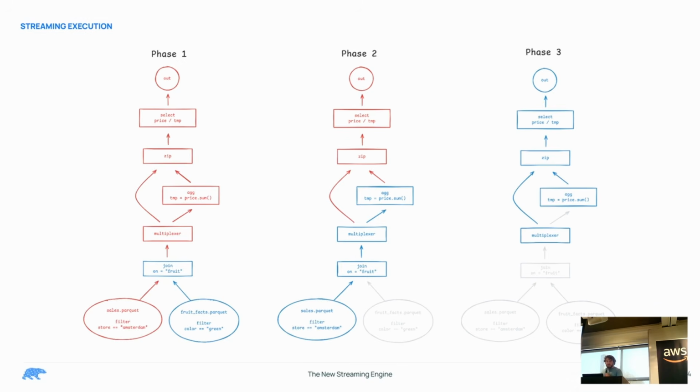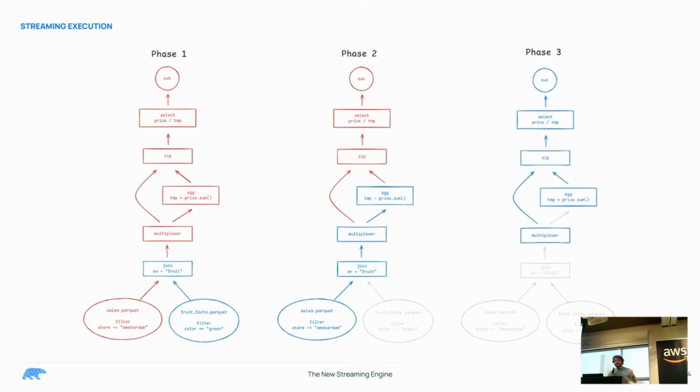So here's the example of the three phases. A join, how it works internally, it builds a hash table or a dictionary for the Python folks, just a much more efficient one. It builds that on one of the two sides. In this case, data flows from the fruit facts parquet file into the join operator. That's the first phase.